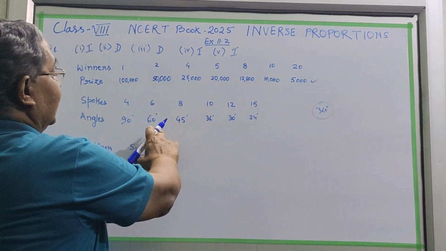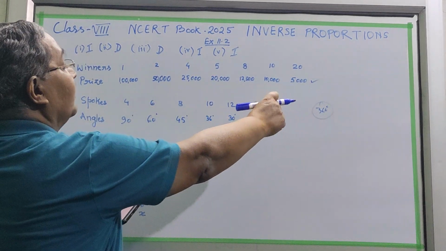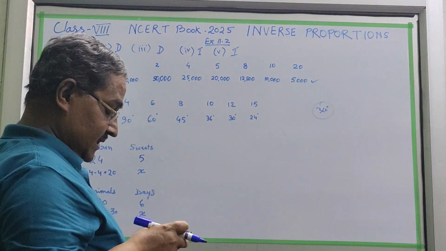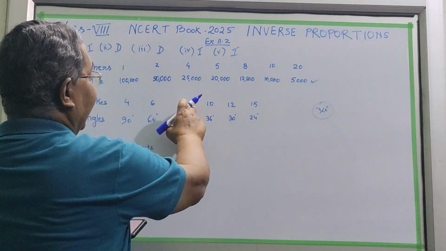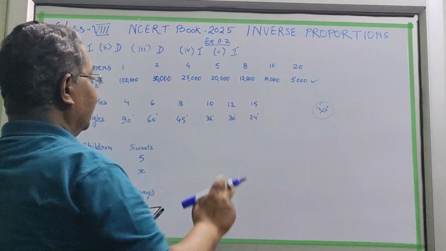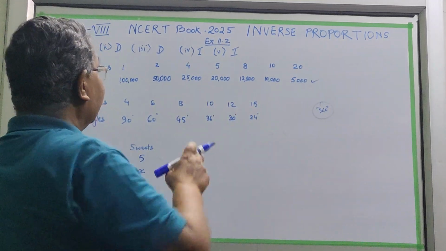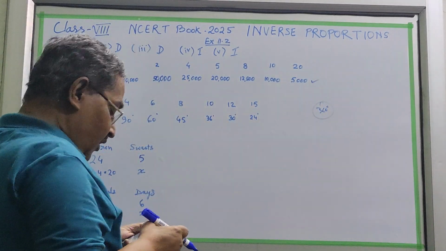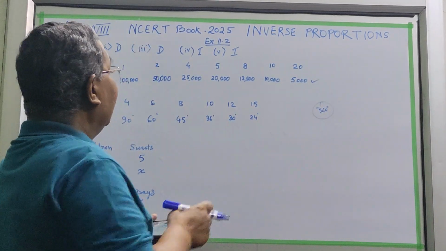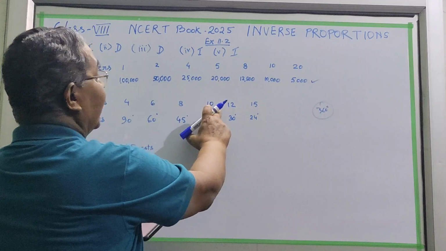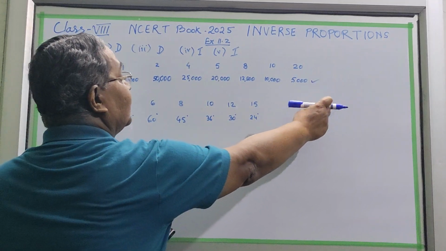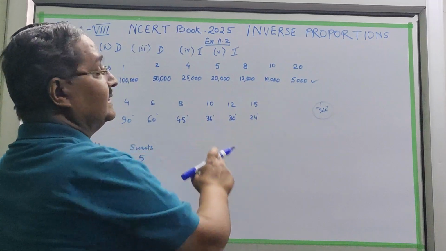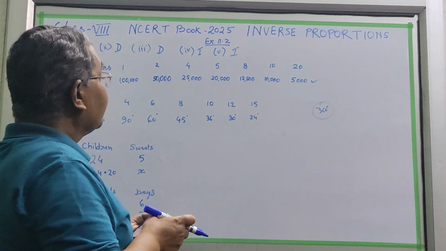If 6 spokes are there, it is 60 degrees, because we will divide 360 degrees by 6 and it comes to 60. Now the question asks, if it is 8, 10, 12 or 15, what will be the degrees? If it is 8, we will divide 360 by 8 and it will come to 45 degrees. Now if we divide the circle equally with 10 spokes, it will come to 36 degrees each.